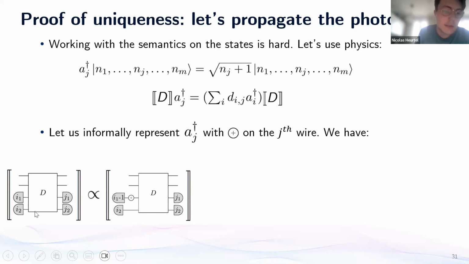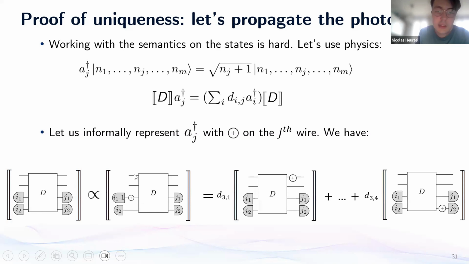Of course, A1 is greater than 1. And that, with the formula I showed you, is like a sum. When you propagate the plus, you will have a plus on the first wire, on the second wire, on the third wire, and the fourth wire here. And it will add one photon somewhere on the first, second, third, and fourth wire. And so we know that if there is one photon, it will be on one of the wires. But here, as it is creation operators, we can propagate one at a time, and we have only linear relationships between them.